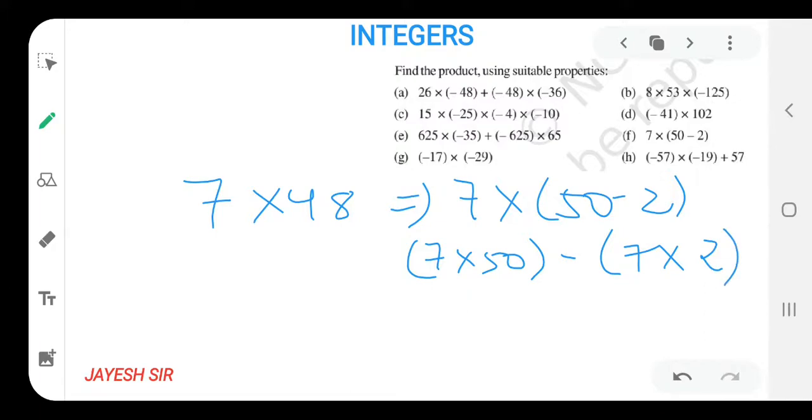Yes friends, 7 into 50 is 350 I know, and 7 into 2 is 14 we all know. So what is our answer friends? You can directly say our answer is 336. If you want to check, you can check by doing 7 into 48 also, but that would be a waste of time, as you will get the similar answer only.